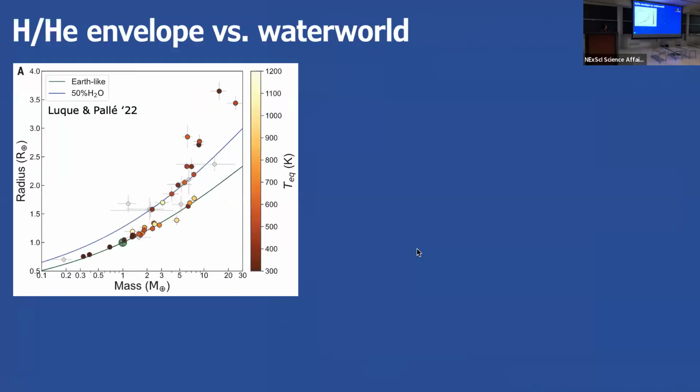All right, so from the formation perspective, in terms of the origin of this radius gap, there are other hypotheses. Again, just from the formation perspective, another hypothesis is that instead of considering sub-Neptunes as hydrogen-helium envelope, maybe they're water worlds. And this idea has been around for a while, I think even before I started my grad school.